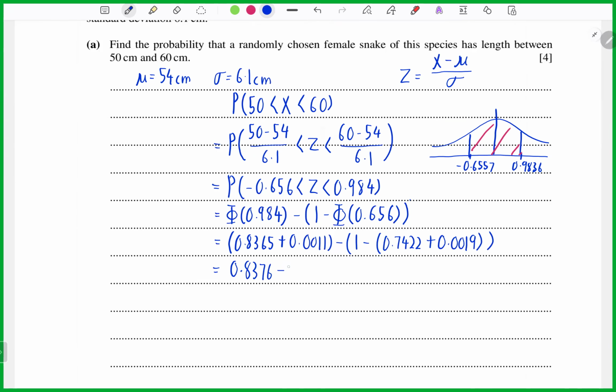0.8376 minus bracket 1 minus. Okay, so we'll try 0.7422 plus 0.0019, 0.7441. So you can try to find out the values.